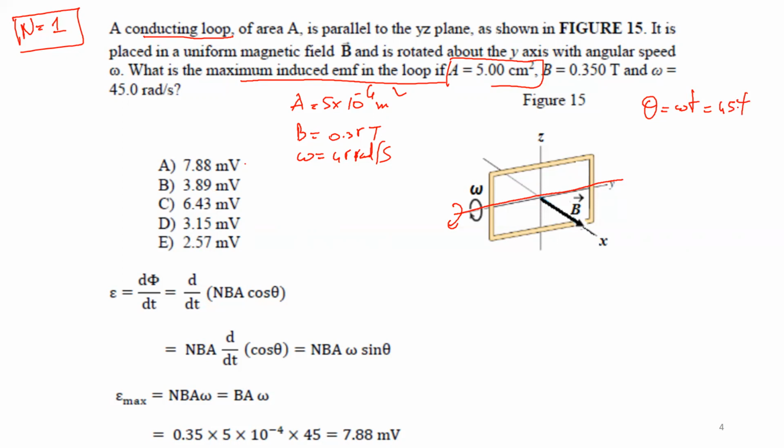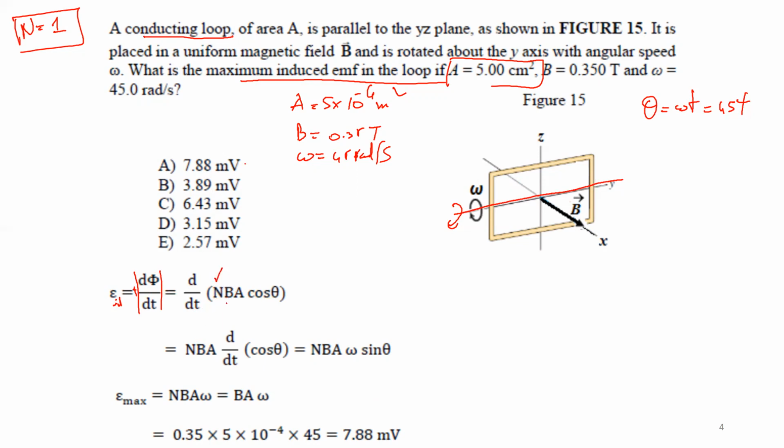As you know, the induced EMF is just minus d phi over dt. But here I want the magnitude, so forget about the minus. You just take the absolute value. Now, what's the flux? Of course, the flux is N B A cosine theta. N is equal to 1, and it's a constant.